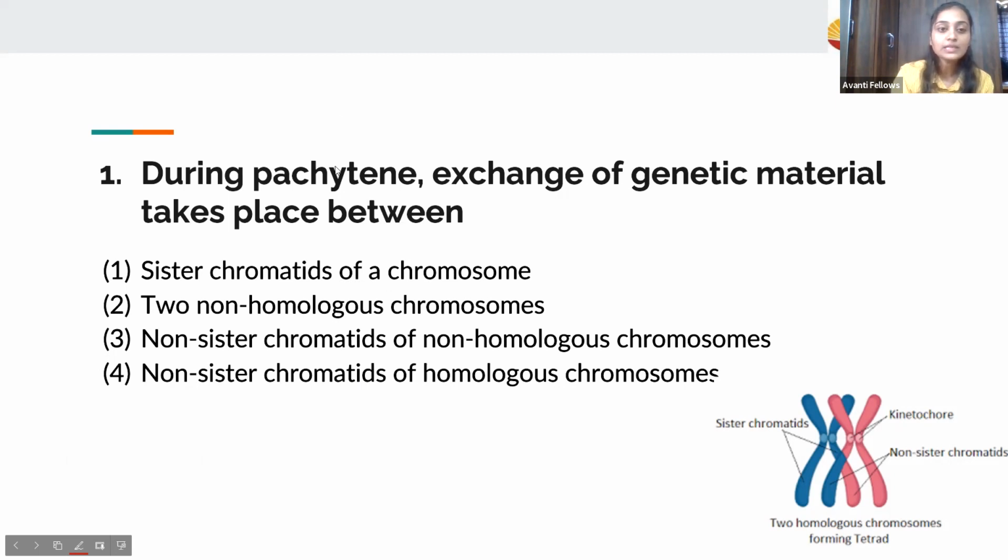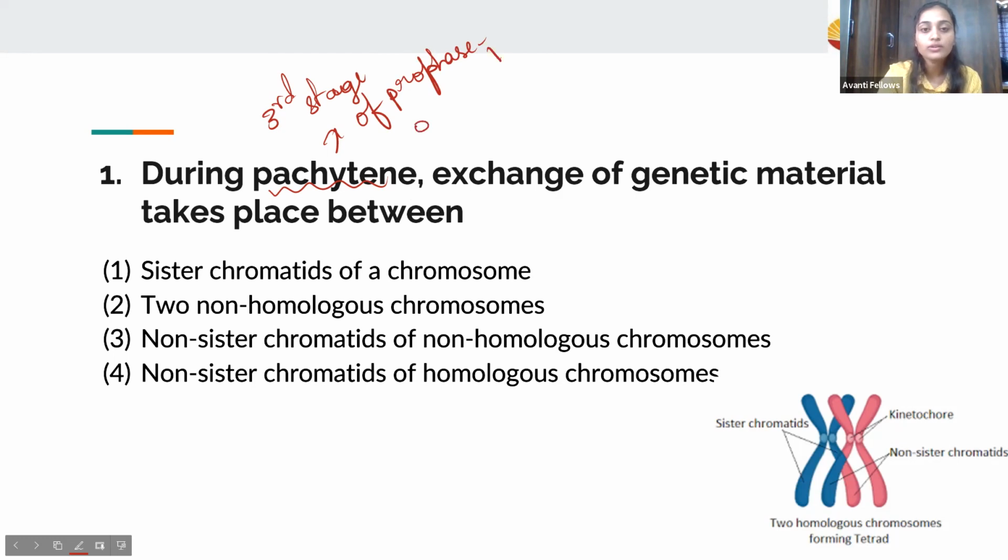So first let's see what pachytene is. Pachytene is the third stage of prophase 1 of meiosis. Yes, we all know this.